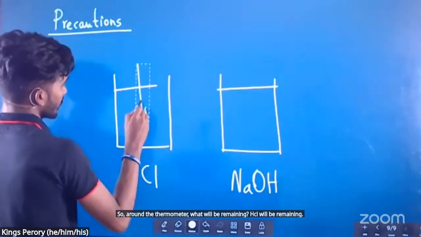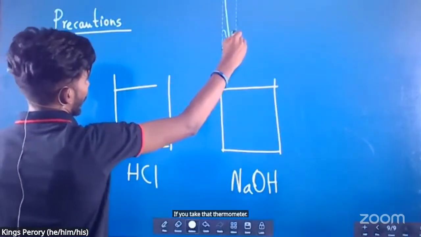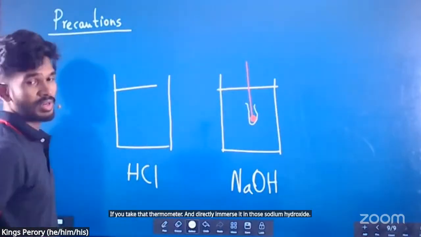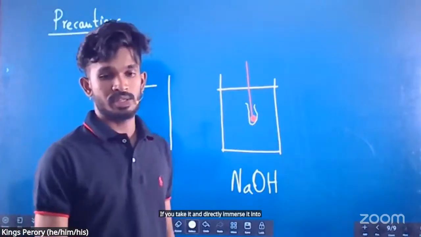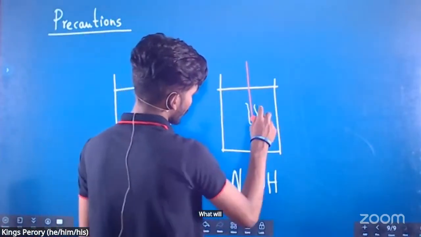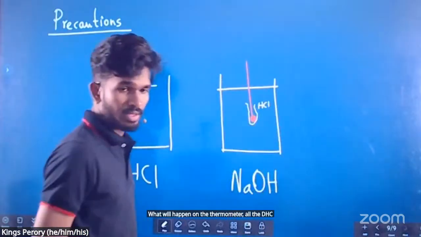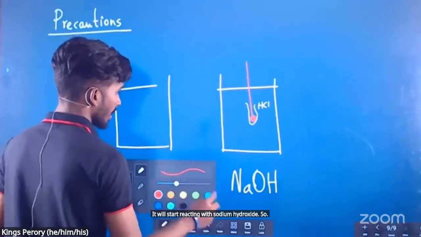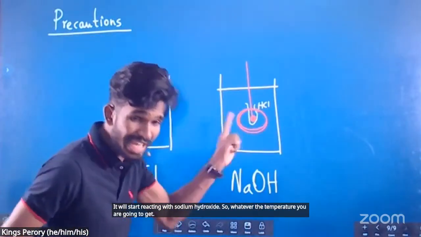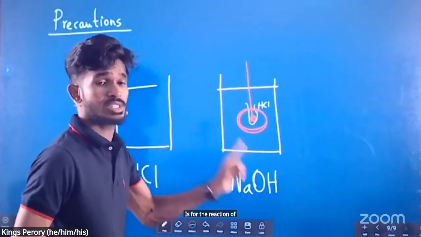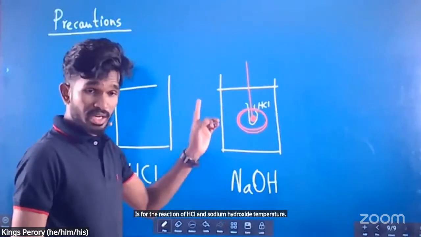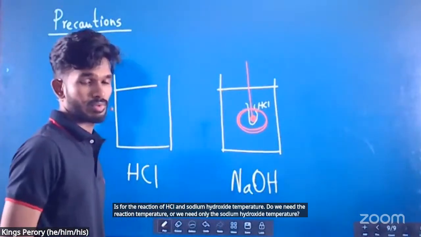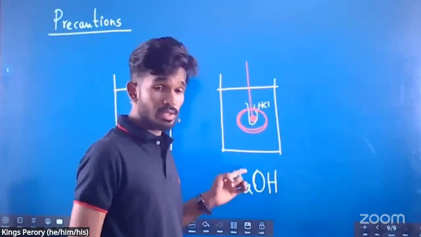If you take that thermometer and directly immerse it into sodium hydroxide, what will happen? On the thermometer, already HCl is there. It will start reacting with sodium hydroxide. So whatever temperature you are going to get is for the reaction of HCl and sodium hydroxide. Do we need the reaction temperature or only the sodium hydroxide temperature? We need only the sodium hydroxide temperature.